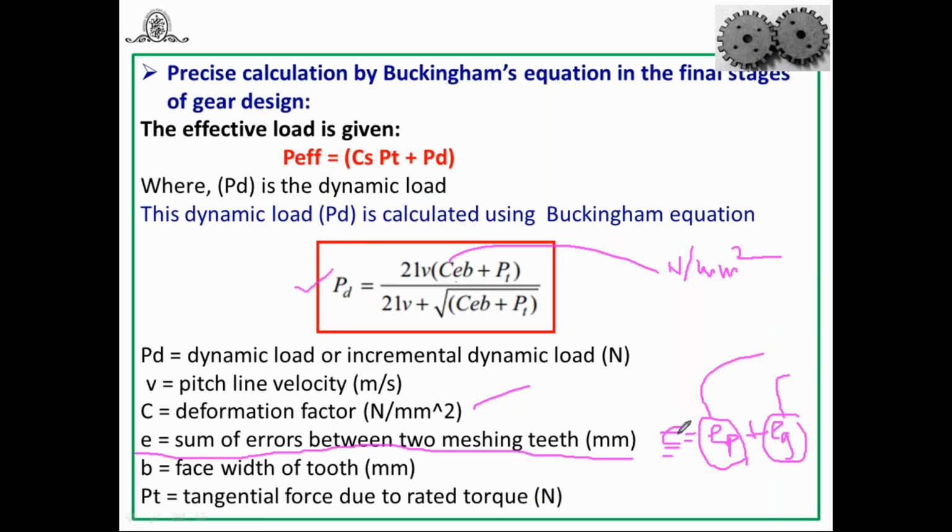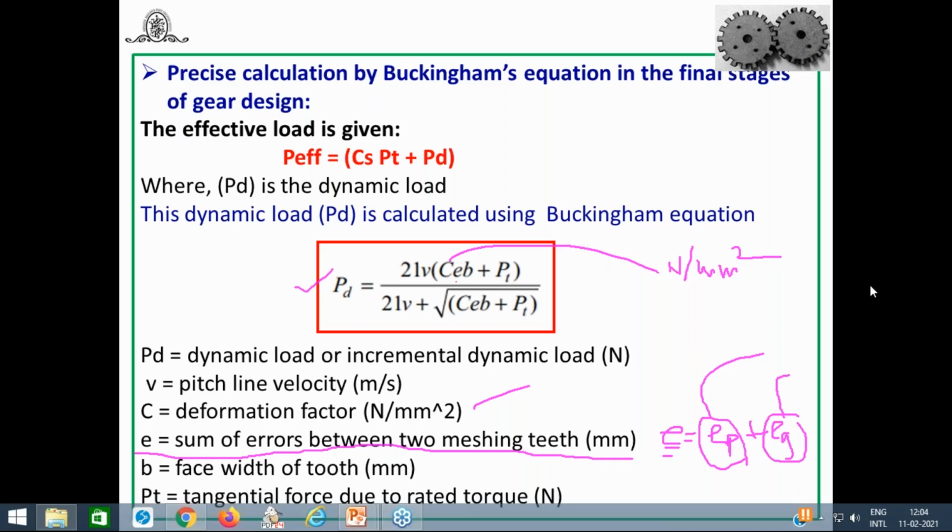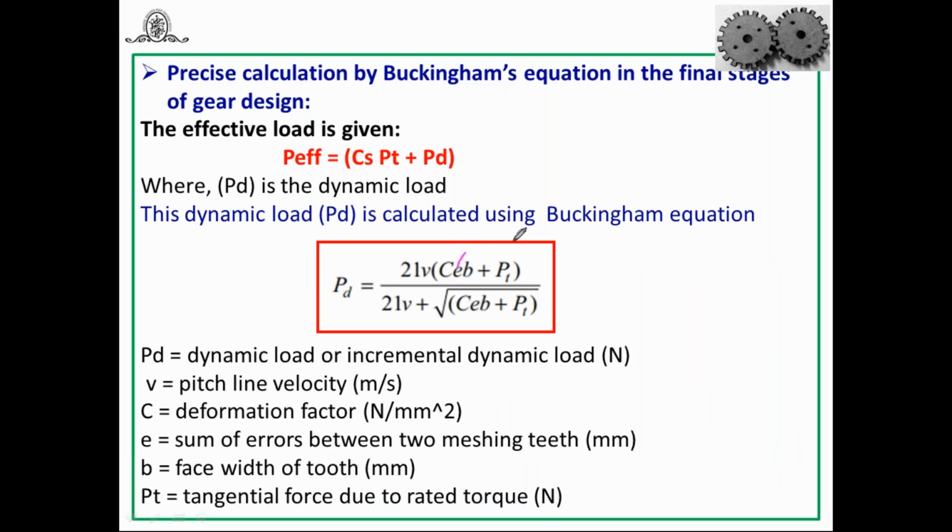But here it is written, look at this. This small e is the error, or sum of the errors, between the two meshing teeth, and it is given as e equal to EP plus EG. For that purpose, we have to find EP and EG, then find e, the sum of the errors, and substitute it here to get the PD. After getting PD, you substitute to get PT.